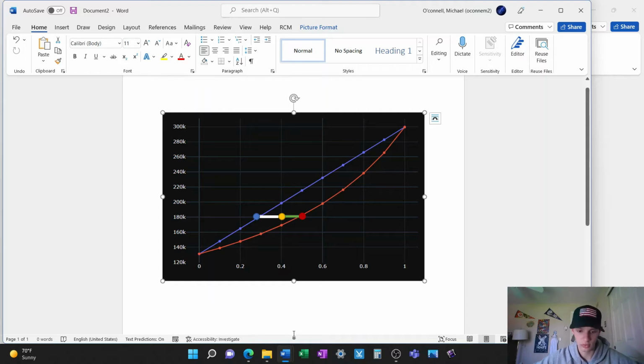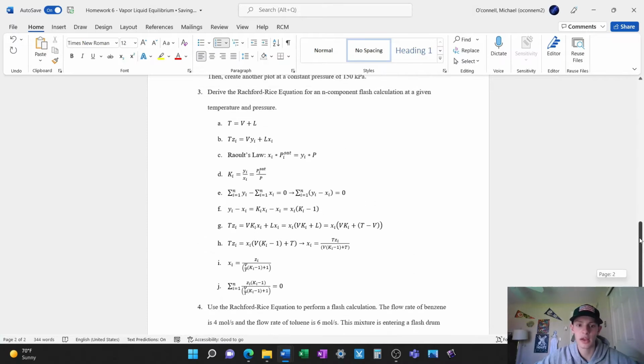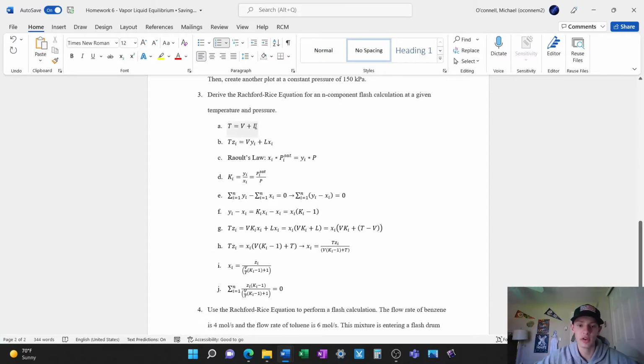So let's derive the lever rule and see how that will actually help us. We can start this by doing a mass balance. We know that the total material coming in at some moles per second is going to be equal to the flow rate in moles per second of the vapor that's exiting from the top and the liquid that's exiting from the bottom, if we're talking about a flash drum, which we talked about in one of the previous videos.